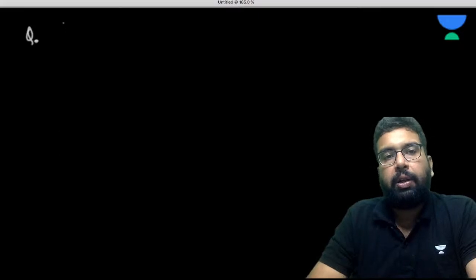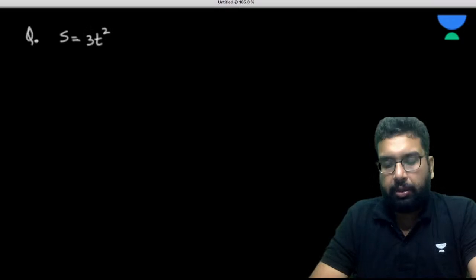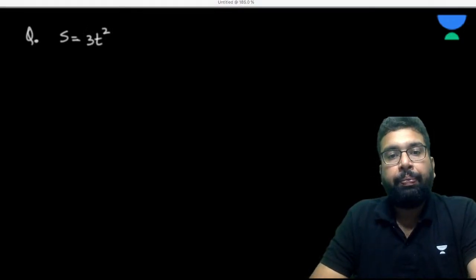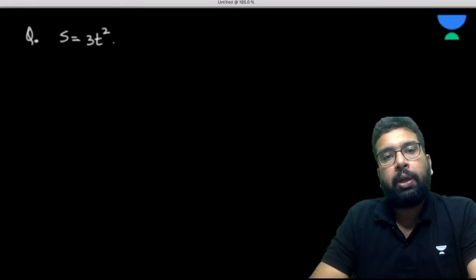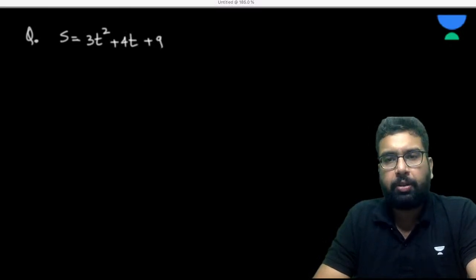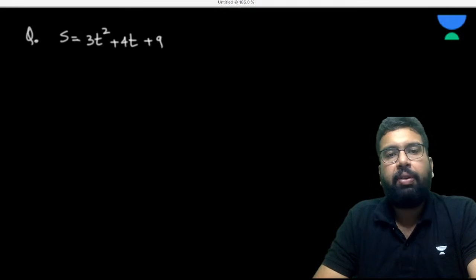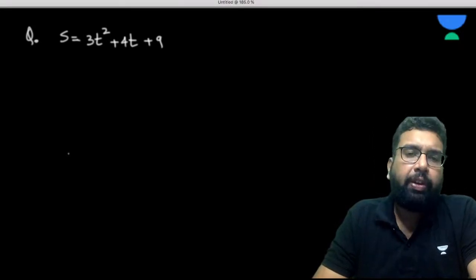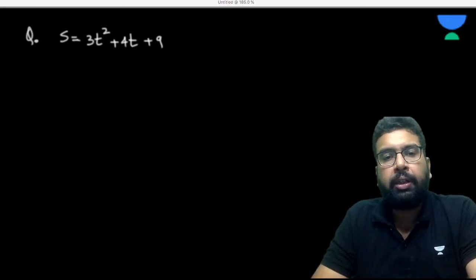So s is equal to 3t square plus 4t plus 9, let's suppose. Just taking some simple expression. We have learned the differentiation, even if these are complicated to some extent.